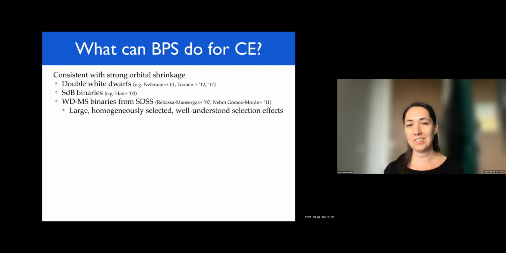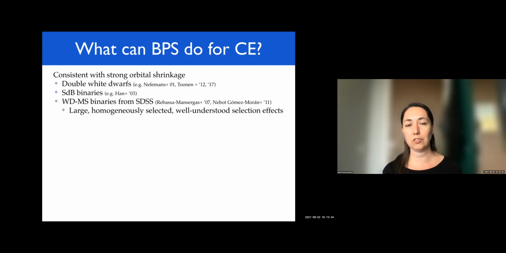Now, this population synthesis method has been used to study many, many different types of binaries, and a good fraction of these projects also focused on trying to constrain common envelope evolution itself, besides just using it. So here I just mention a few of them. And I just want to highlight this last population because this is the population of white dwarf main sequence binaries that come from Sloan.